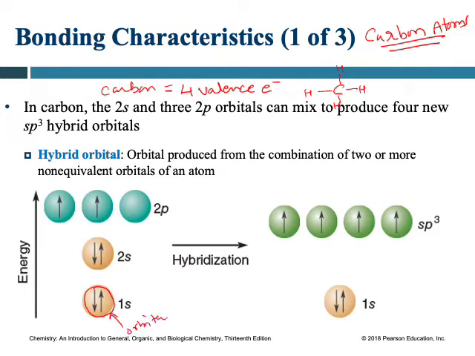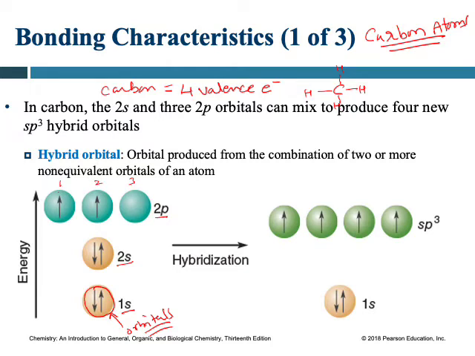What is an orbital? Orbitals are the area within the atom where you can find the electrons, and each orbital can take up to 2 electrons. You have the 1s orbital that already has 2, the 2s already has a pair of electrons, but the 2p has 3 orbitals, and out of the 3, 2 orbitals consist of single electrons.